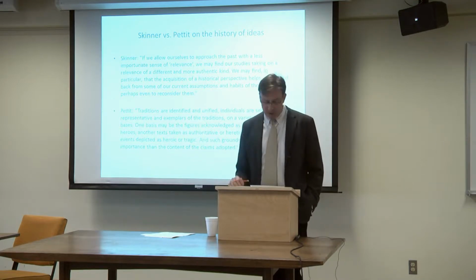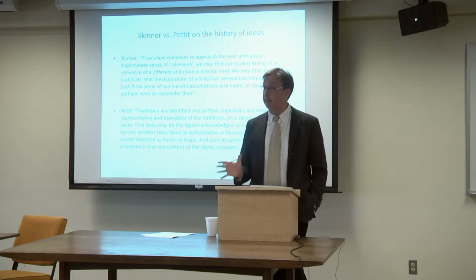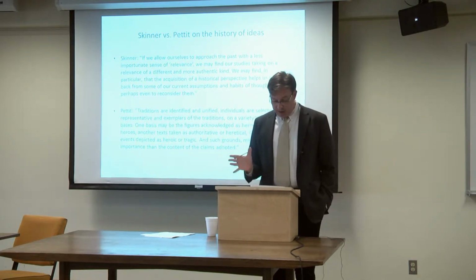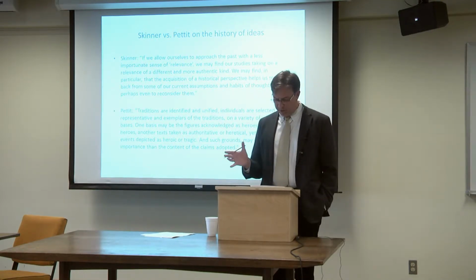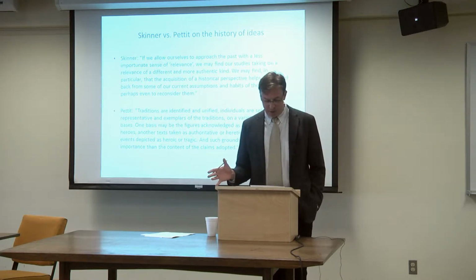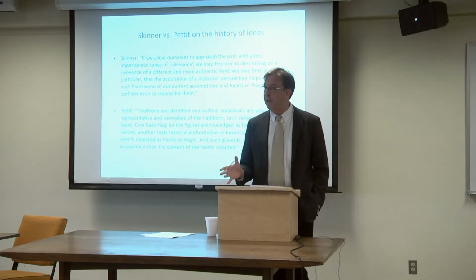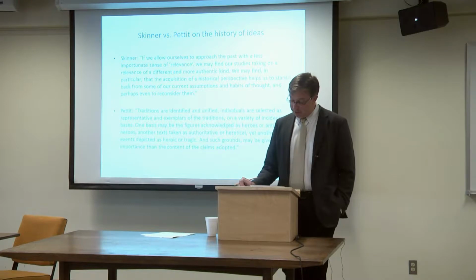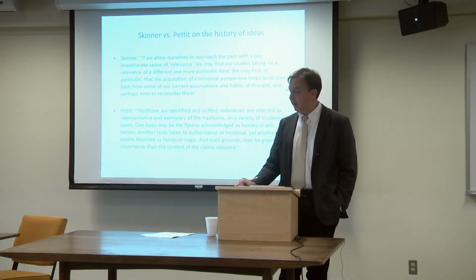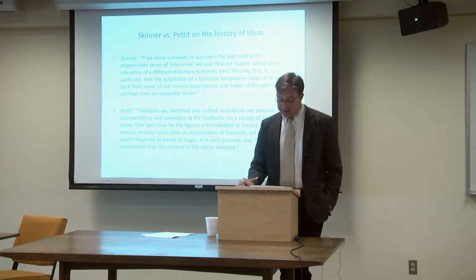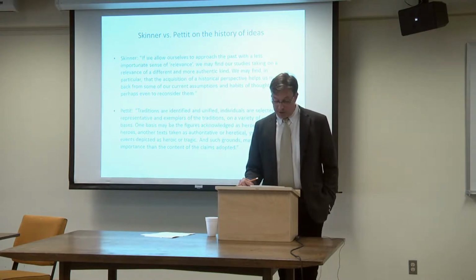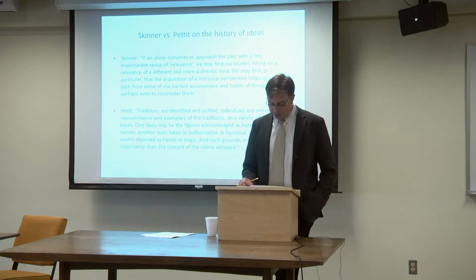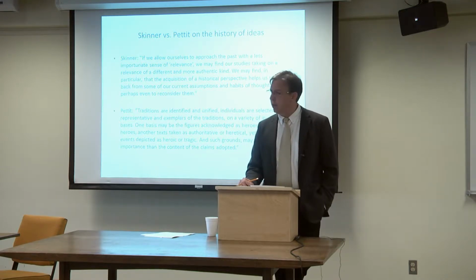So that's Skinner. Pettit, by contrast, is much more blasé about historical method. He writes, historians define traditions, unify them. Individuals are selected as representative and exemplars of the traditions on a variety of incidental bases. One basis may be the figures acknowledged as heroes or anti-heroes, another texts taken as authoritative or heretical, yet another the events depicted as heroic or tragic, and such grounds, Pettit concludes disapprovingly, may be given more importance than the content of the claims themselves.